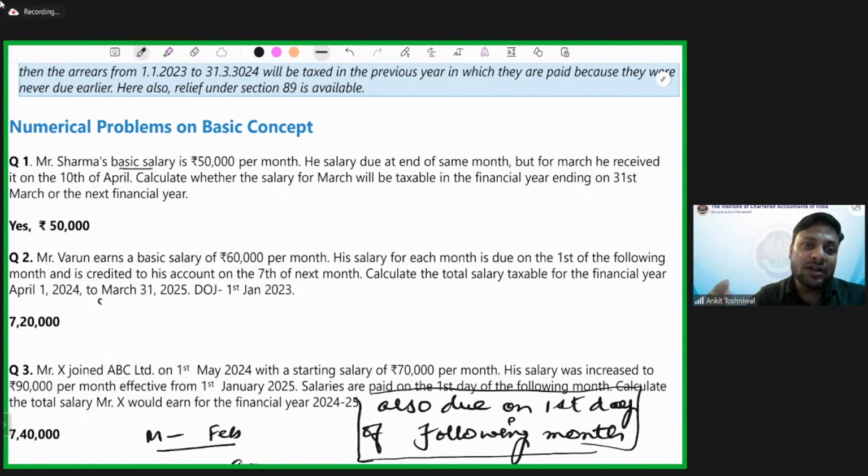Yash Chopra gives the remuneration to the Rohit Shetty banner, and Rohit Shetty gives the salary to Ajay Devgan. It means the contract is between Rohit Shetty and Yash Chopra. Ajay Devgan is an employee of the Rohit Shetty banner, and he's providing services to the Yash Raj banner only as an employee of the Rohit Shetty banner. So that is the contract of service.